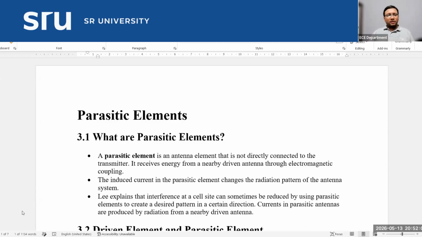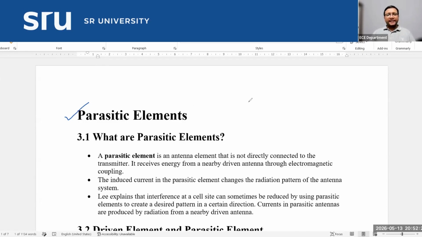Today we will learn the second part of it, further modification on antenna. Today's lecture is oriented towards the use of parasitic element.